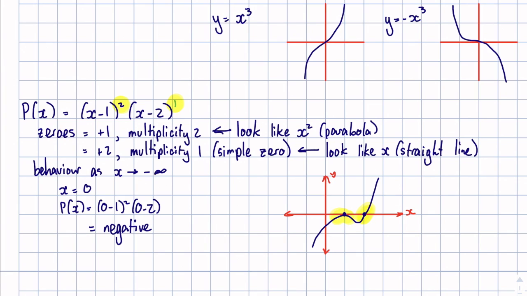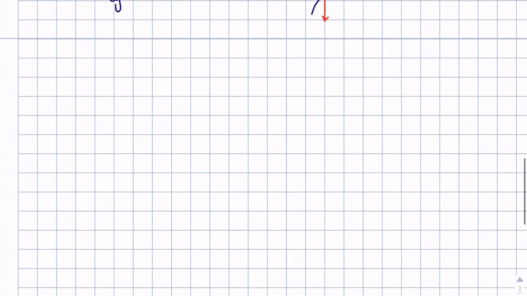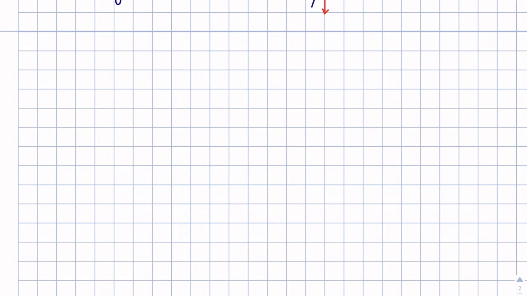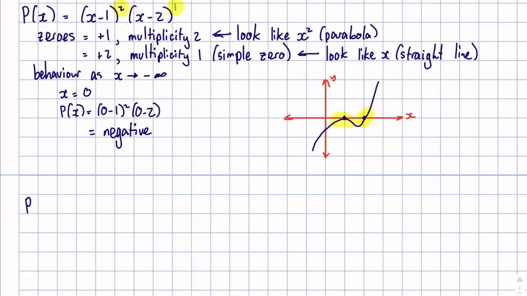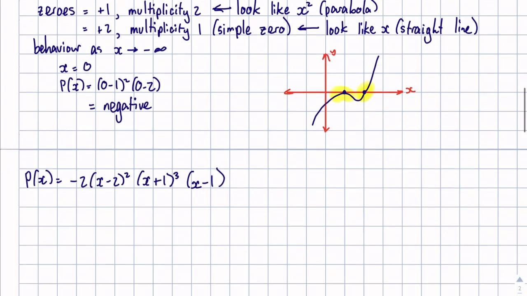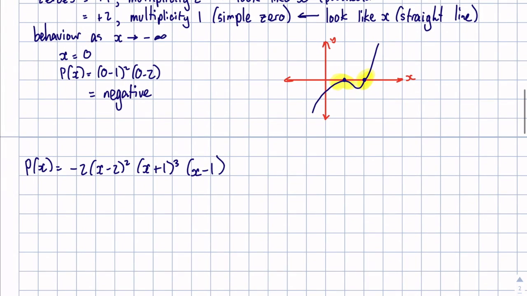If you zoom in. We'll do another example just to show it a bit more. So if we were to sketch P of x equals minus 2, x take 2 squared, x plus 1 to the 3, x take 1, then our zeros: we've got positive 2, and that's multiplicity 2.